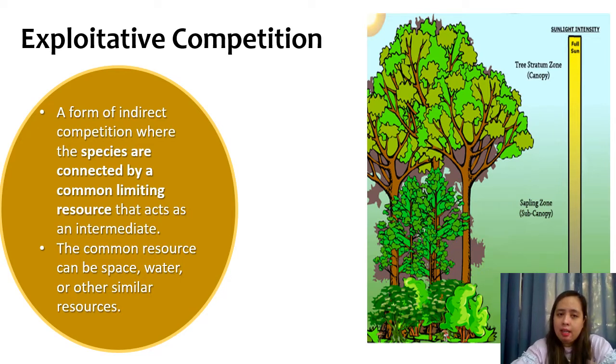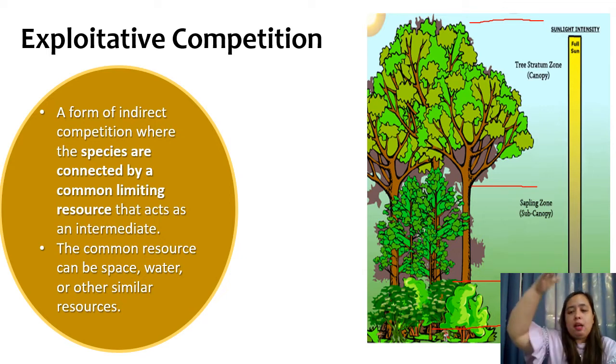So, if we can see in here, sa picture na to, it's a very good example of an exploitative competition. Why? Because on different levels in the forest, you have Canopy 1, Canopy 2, Canopy 3, and then you have your Canopy 4. So at different levels, these plants have different requirements on sunlight.